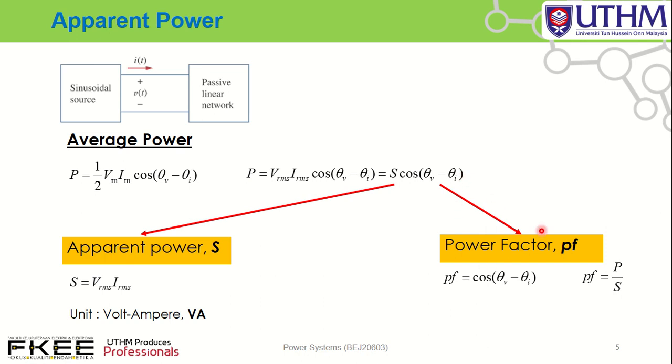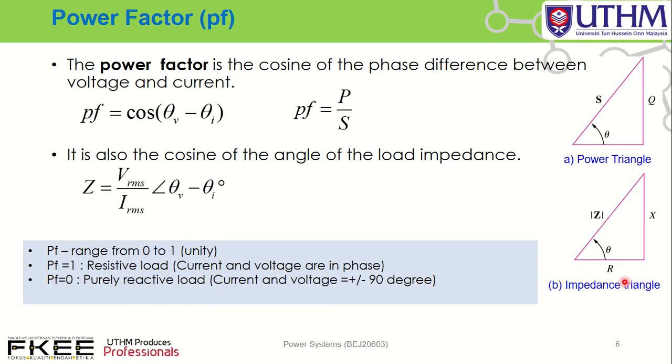We call this the power factor. We can say that power factor equals P divided by S, so cos(theta V minus theta I) equals P divided by S. This is the power factor. This is just a review because we already discussed it in detail in chapter 2.